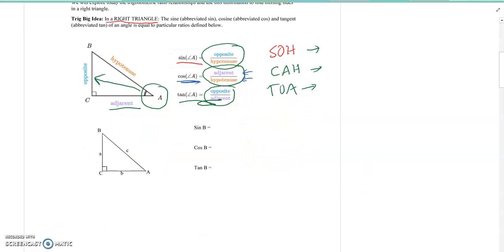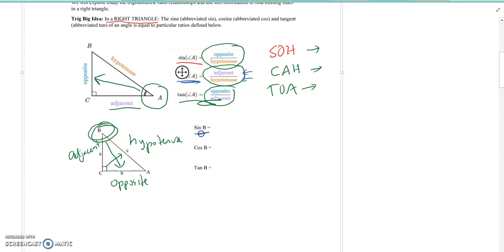Now if you change the angle, so now we're going to look at angle B. If this is angle B, the side opposite is side b, so this is our opposite. The hypotenuse is always opposite the right angle. So here's our hypotenuse, and here's the adjacent, because the adjacent is the side next to the angle that's not the hypotenuse.